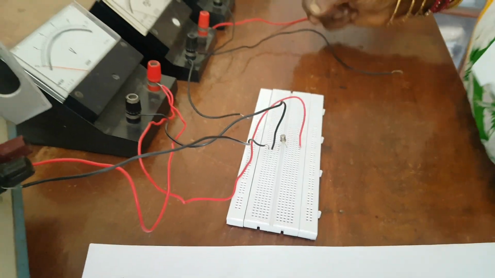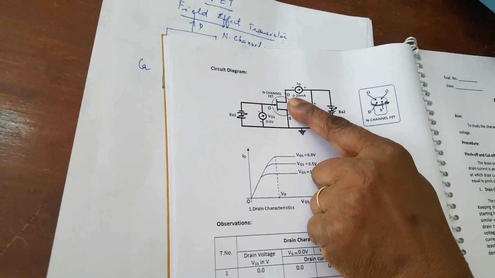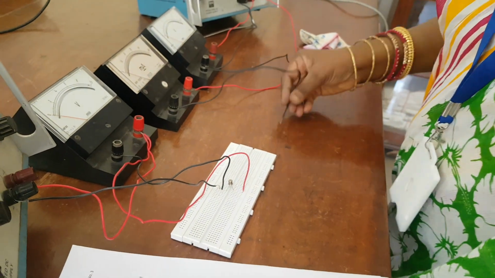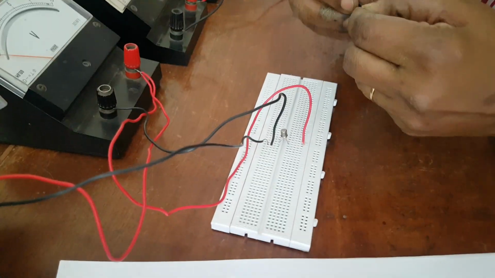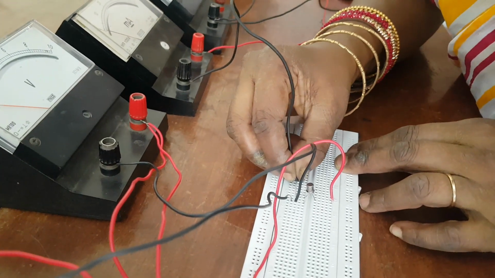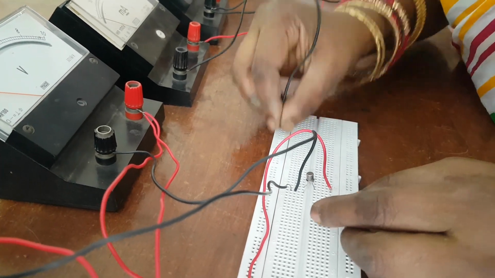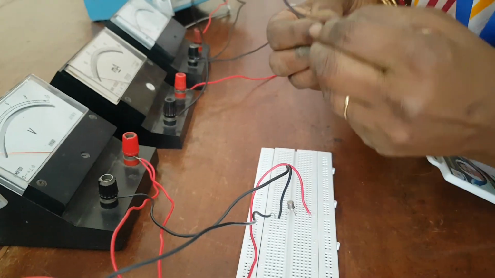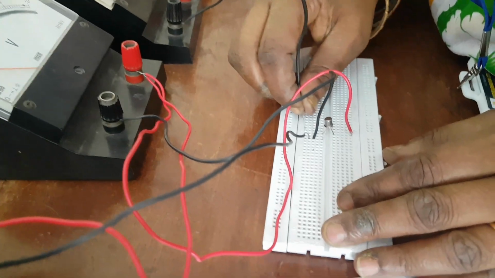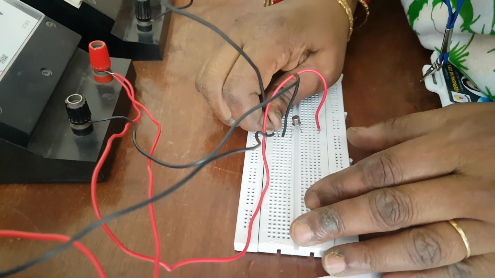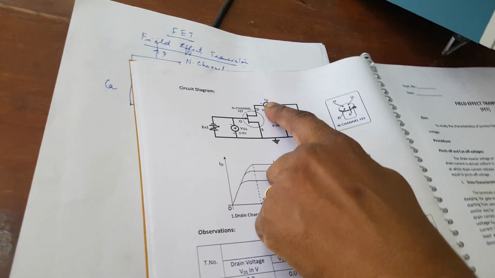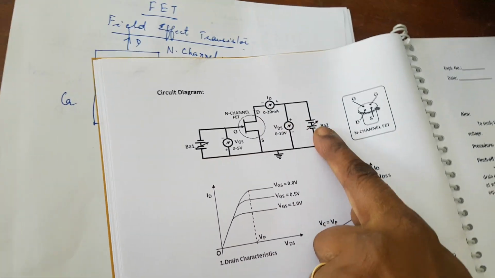Next, from drain to negative. This is negative of the milliammeter. So I will pin it at drain. Next, positive to positive of the voltmeter and battery.